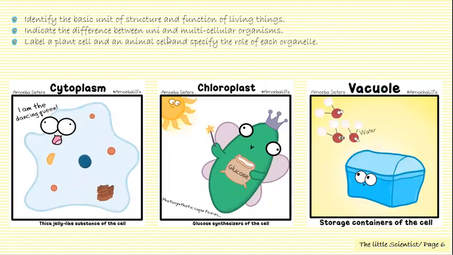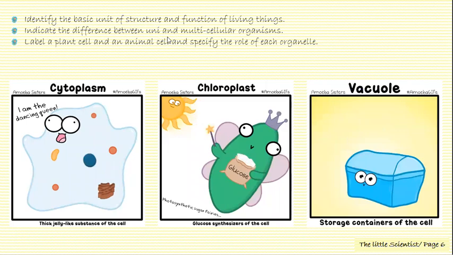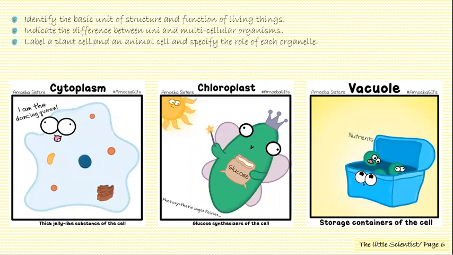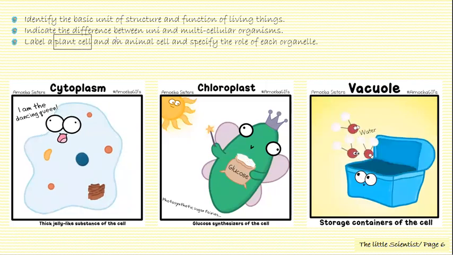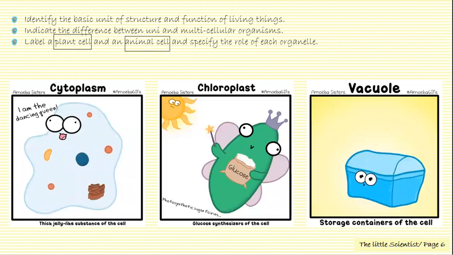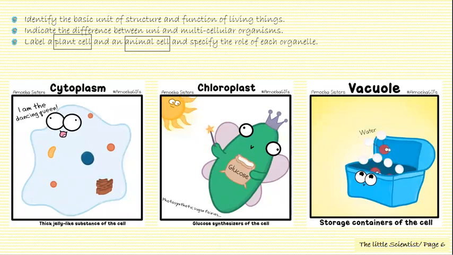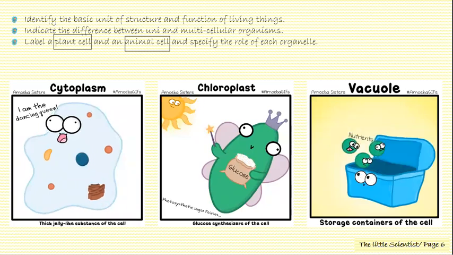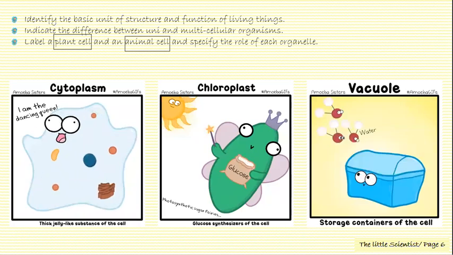We have two types of cells, a plant cell and an animal cell. A plant cell shows a cell wall and chloroplasts. The animal cell has no cell wall, no chloroplasts.